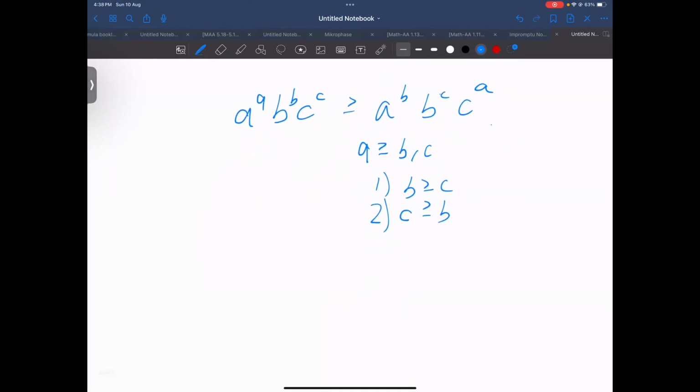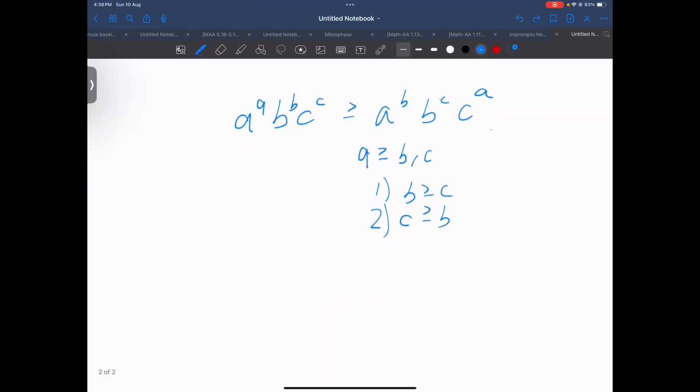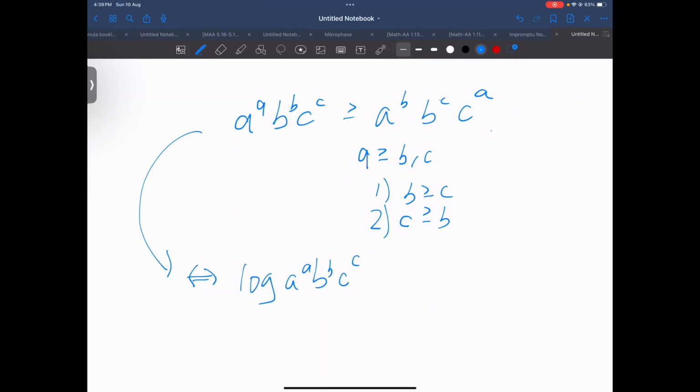Okay, so let's think about how we can use our log laws to break these two things down. What happens if we take the log of both sides? Proving this expression is the same as proving that log of a to the power of a times b to the power of b times c to the power of c is greater than or equal to log of a to the power of b times b to the power of c times c to the power of a.